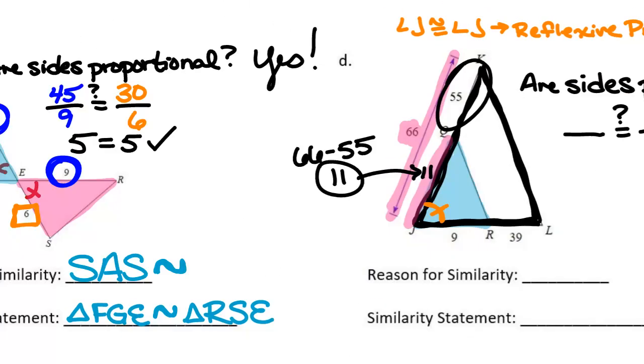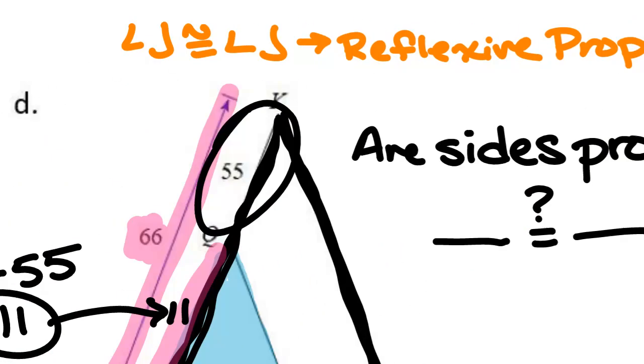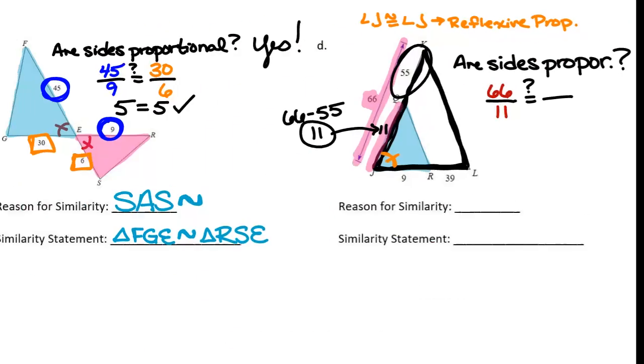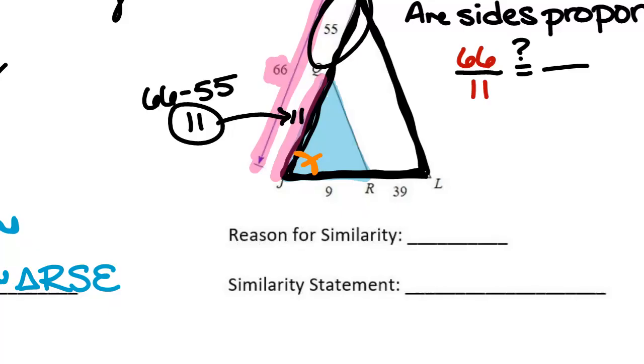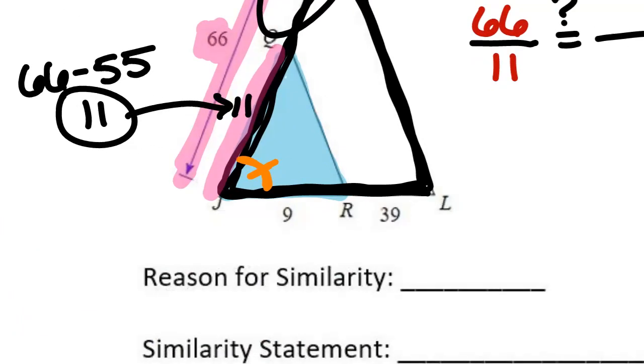So we're going to make a fraction with 66 and 11. 66 over 11. Then we come down to the bottom side. I know that from J to R is 9. Do I know the corresponding length of the entire big triangle on the bottom here?